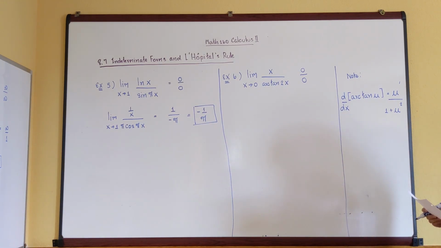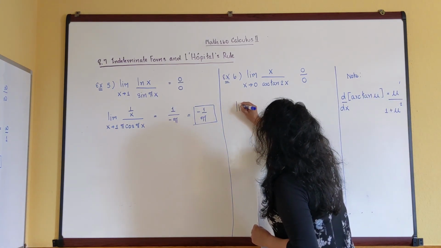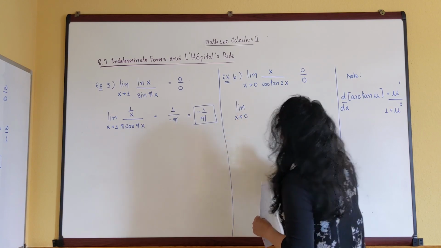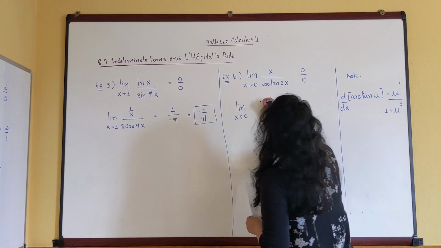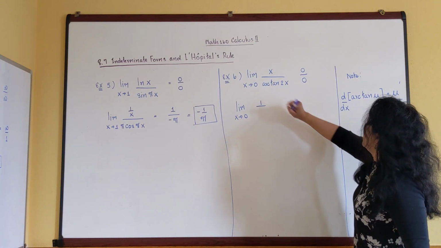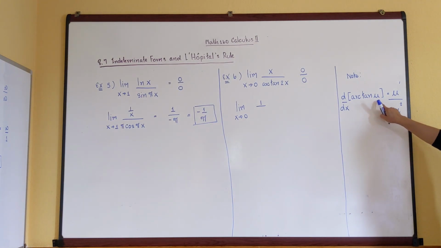So let's do that. I'm trying not to block the board here. As x approaches 0, the derivative of x is 1. Now on the denominator, I'm going to apply this theorem here: the derivative of arctangent of u is u prime over 1 plus u squared.